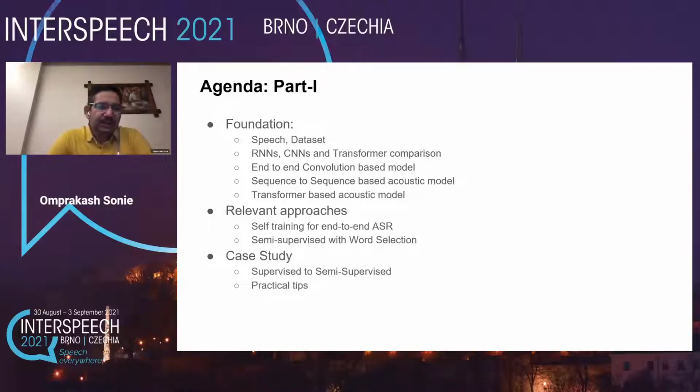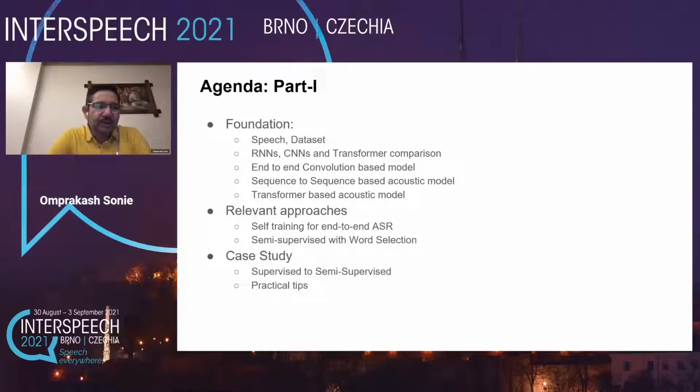Then, from an efficiency point of view, there are some approaches based purely on convolution. And then I will look at sequence-to-sequence and also transformer-based acoustic models. Many of the practical tips, configurations, and architectures used in these foundational papers will be very relevant for the two approaches we'll talk about later.